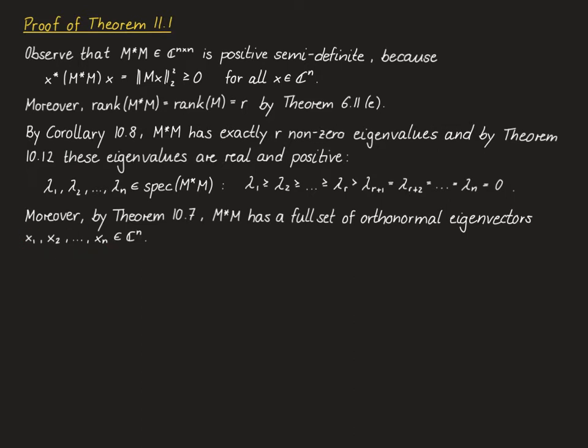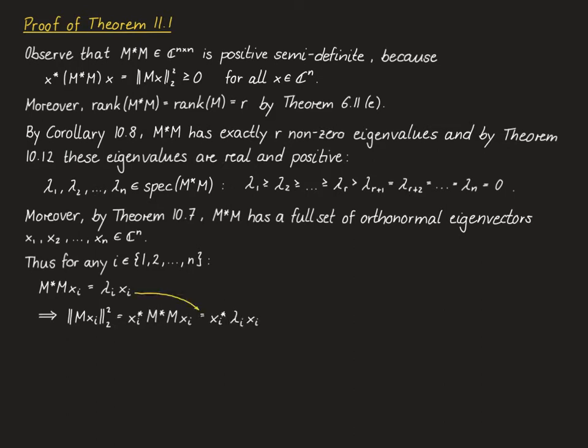Since xi is the corresponding eigenvector to the eigenvalue lambda i, for any i from 1 to n, M star M xi is equal to lambda i xi, and therefore the 2 norm of M xi squared is equal to xi star M star M xi, which in turn is equal to xi star lambda i xi, which by pulling out the scalar lambda i is equal to lambda i times xi star times xi, and by the fact that the xi are orthonormal, meaning that they have length 1, this is equal to lambda i.